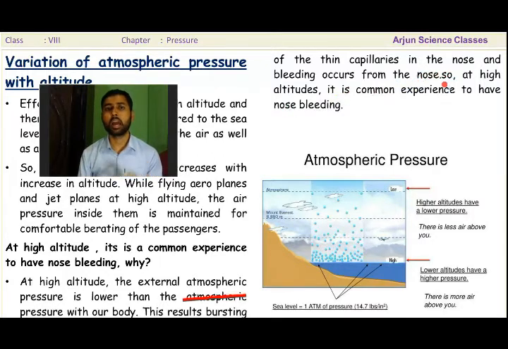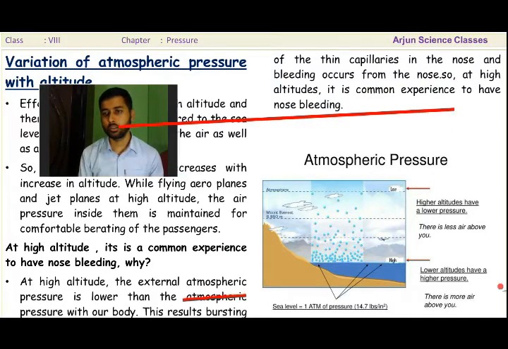So at a high altitude it is a common experience to have nose bleeding.